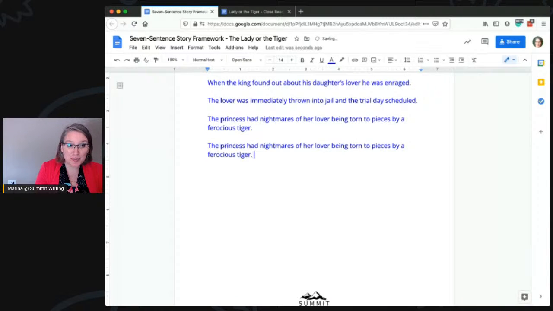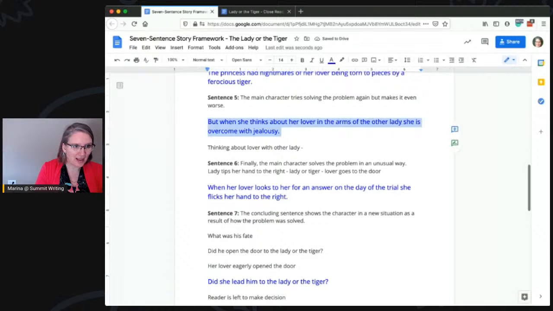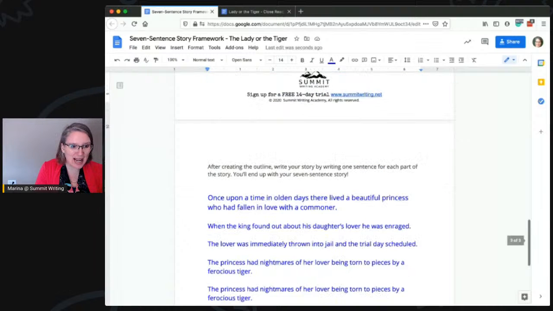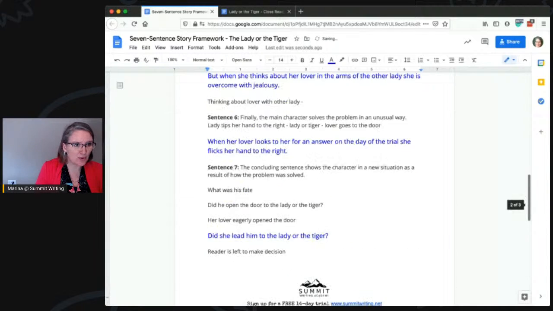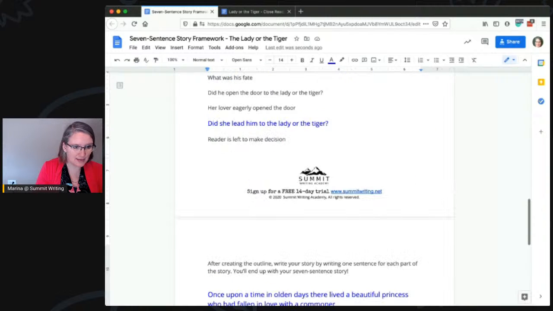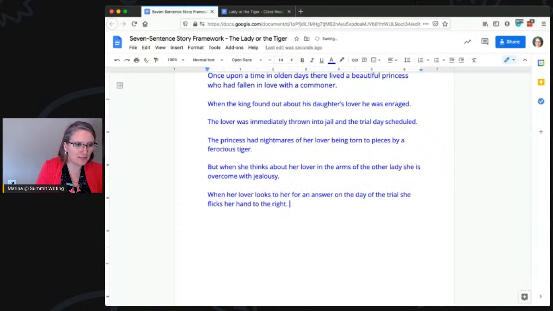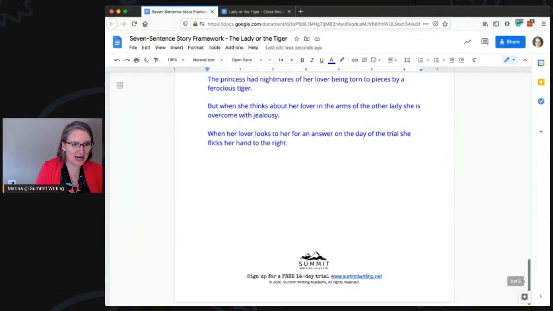And it will inspire you to write your very own story. But you don't have to start with all of the ideas on your own. So 1, 2, 3, 4, 5, 6, and one more. All right, so let's see how our 7-sentence story turned out.